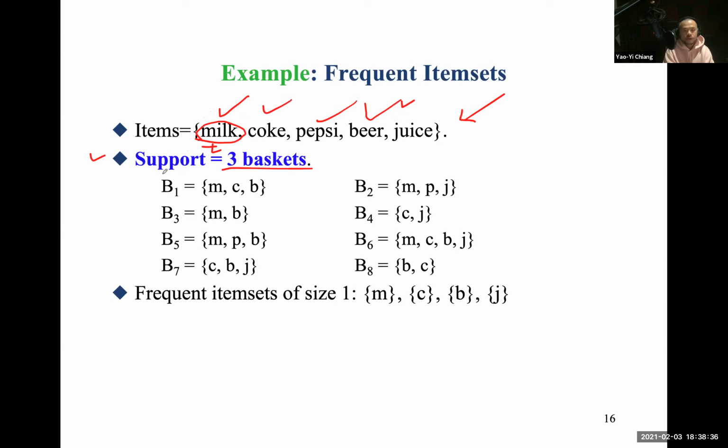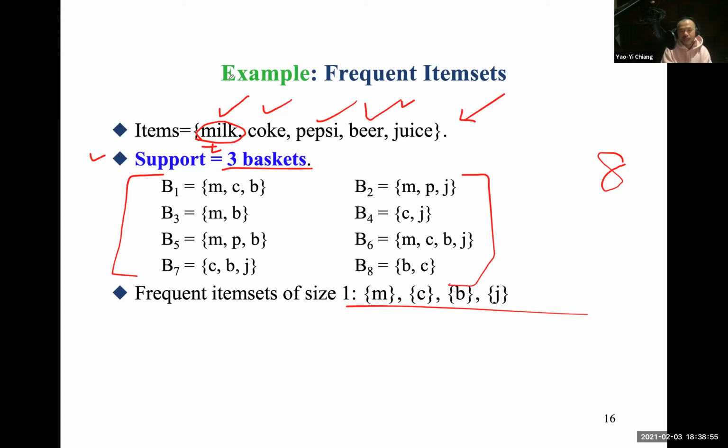So let's look at all your baskets. How many baskets do we have? 8. Great. So what are the frequent item sets of size 1? M, C, B, J. How do I know? Easy, I count them.